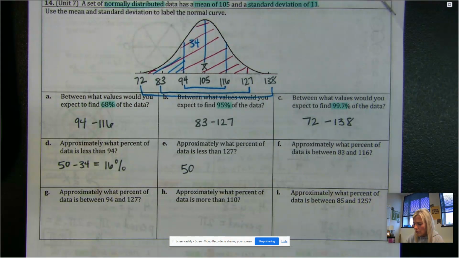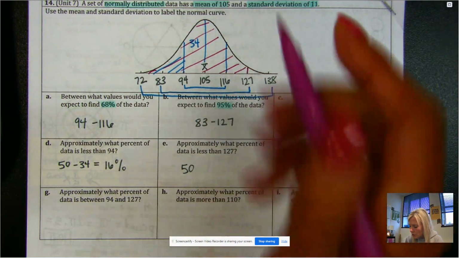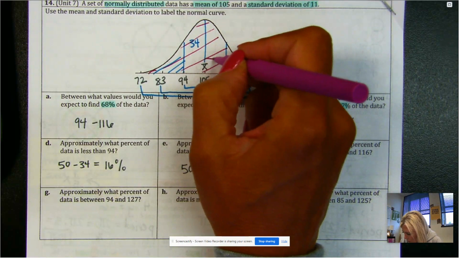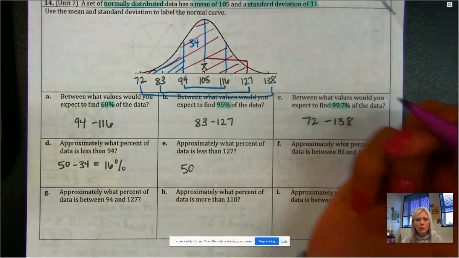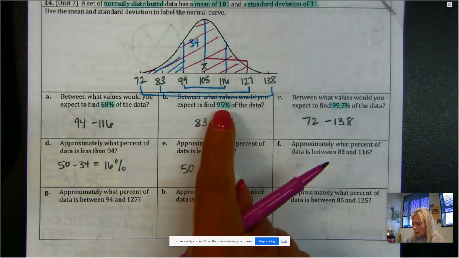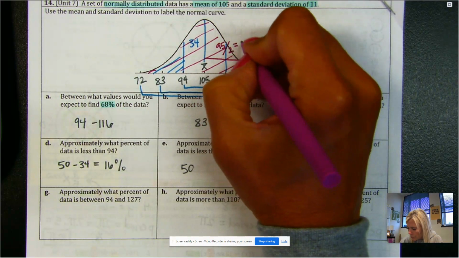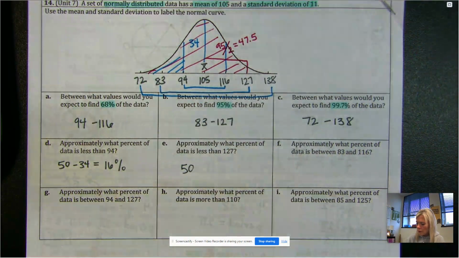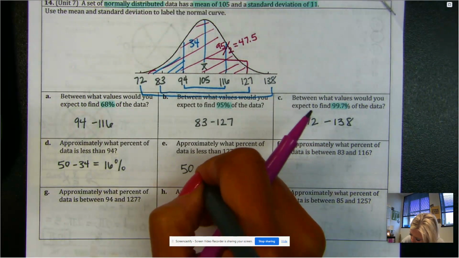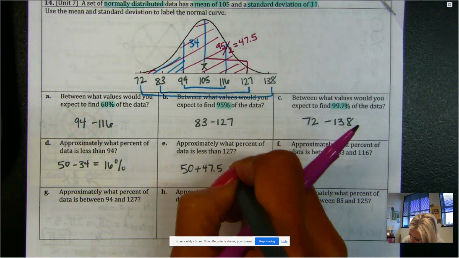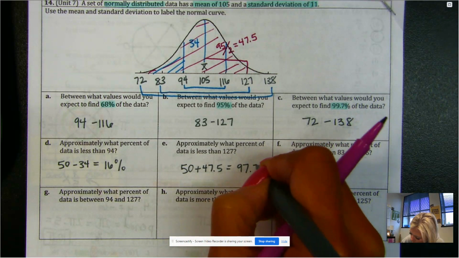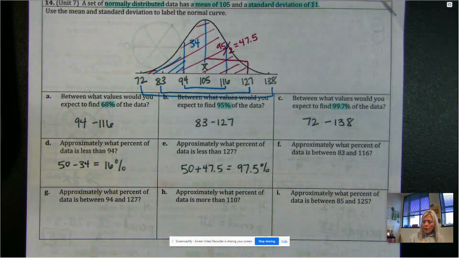And then from the mean to 127, that's half of that 95%. So 95 divided by 2 is 47.5. So I'm going to add that to 50. So plus 47.5, 97.5%.